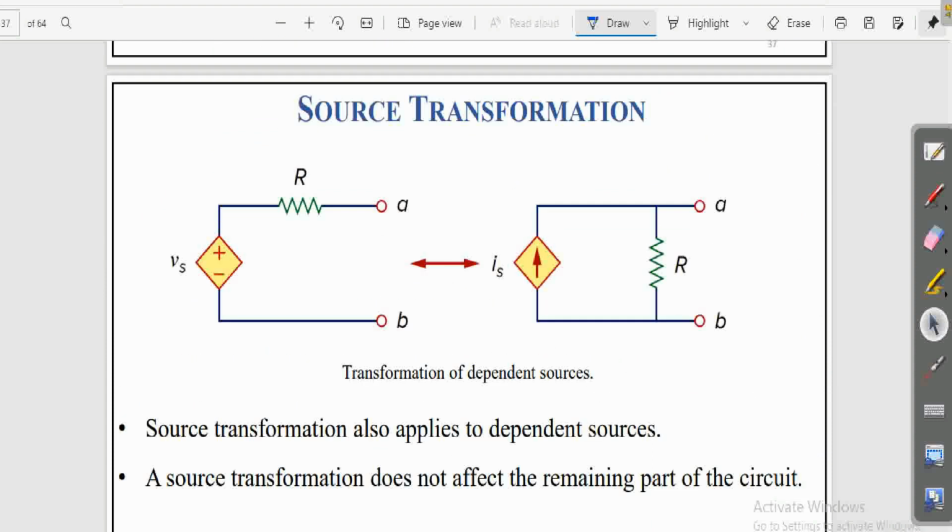So the source transformation is also applied to dependent sources. Source transformation is applied to dependent sources also.